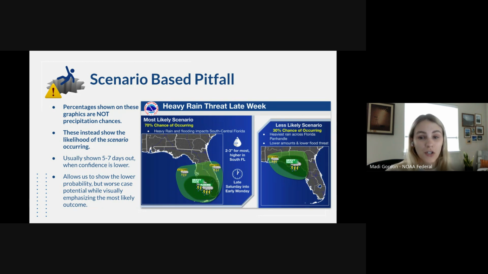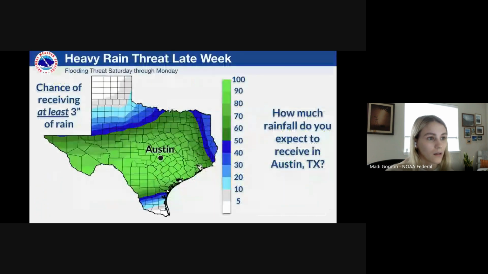And so using shades of green, things like that with our percent signs is very dangerous when we're talking about anything that's not a pop that can be interpreted as a pop. All right, so scenario-based pitfall there.